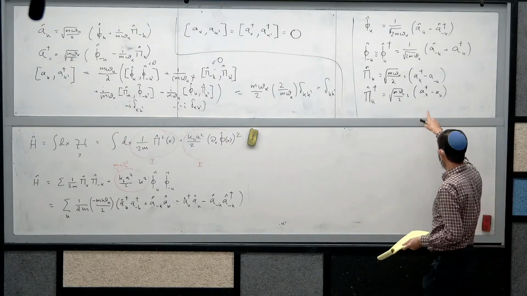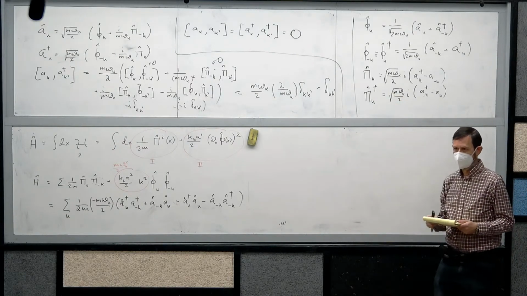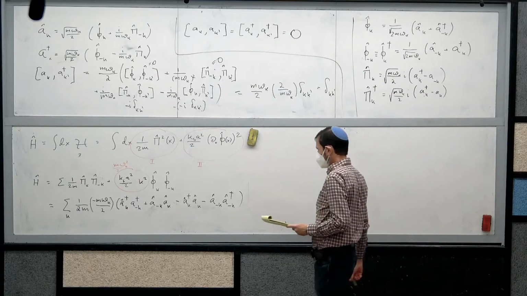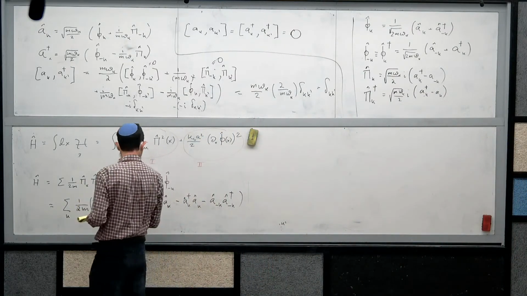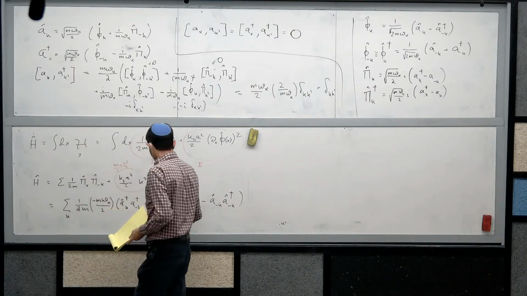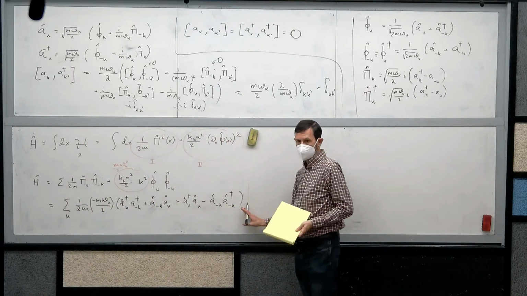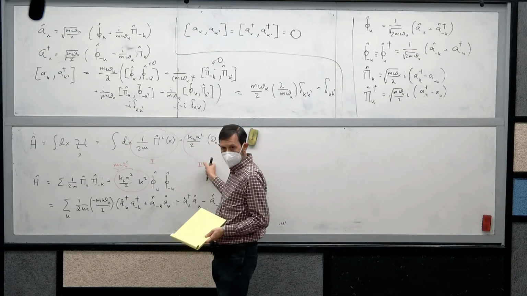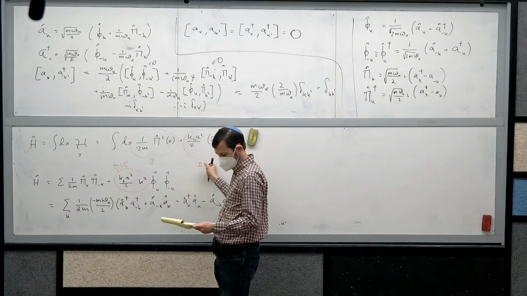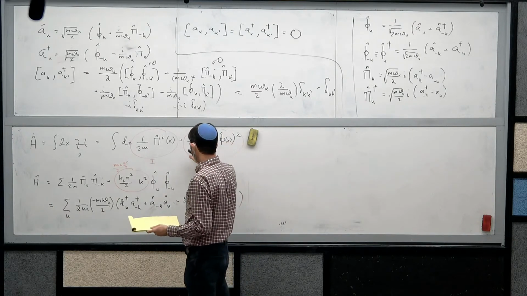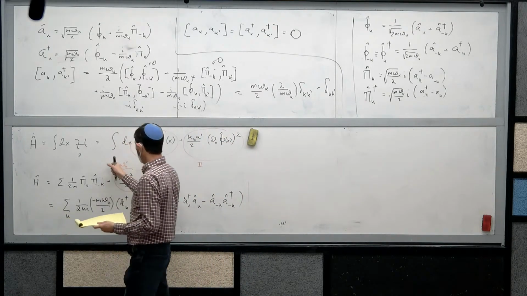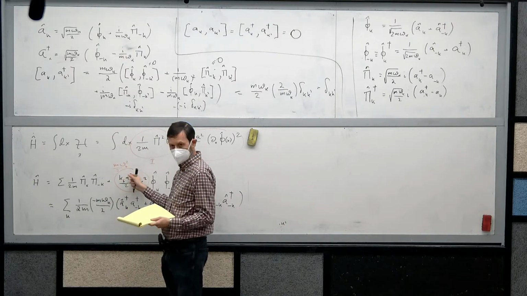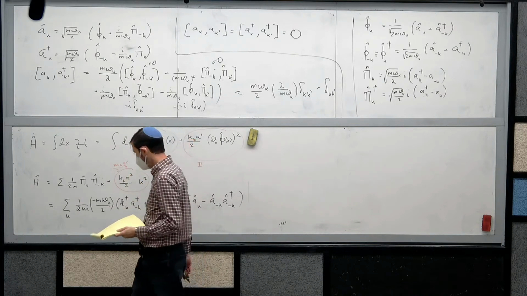I think that there's no overall minus sign. Okay, so we have here 4 terms. Let's move to this part. So I'll just use this m omega k squared over 2 instead of this constant.